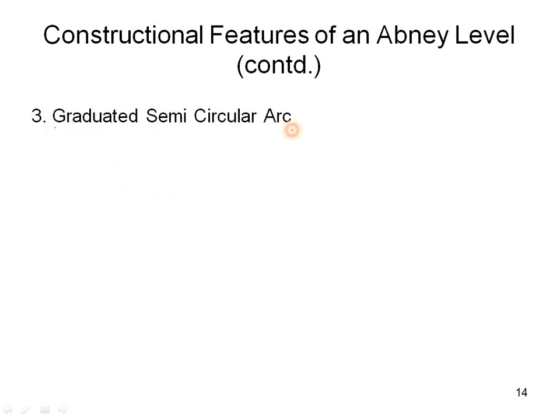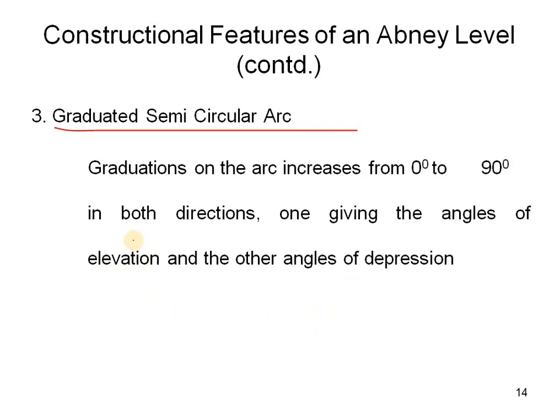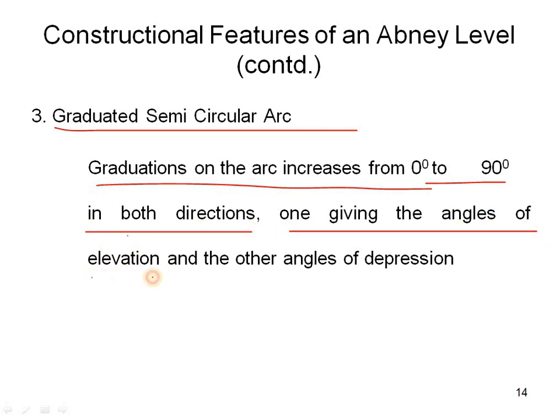Graduated semicircular arc. The graduations on the arc increase from 0 to 90 degrees, so we have to keep it in mind. The graduations on the arc increase from 0 to 90 degrees in both directions, one giving the angles of elevation and the other the angles of depression.